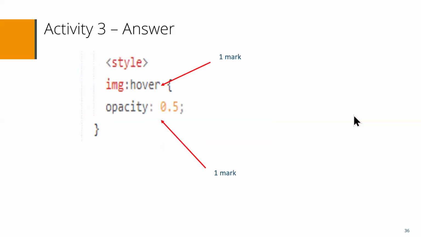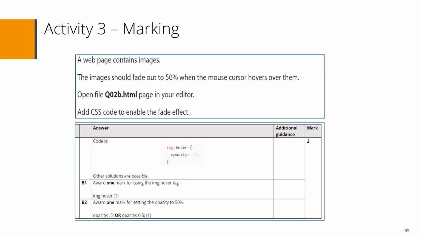This one. In this mark scheme, the candidate has been asked to do something. Now, they've not made it work, but the question says, add code to enable the fade effect. Therefore, if they have added the code to enable hover and fade to take place, they'll get 2 marks.